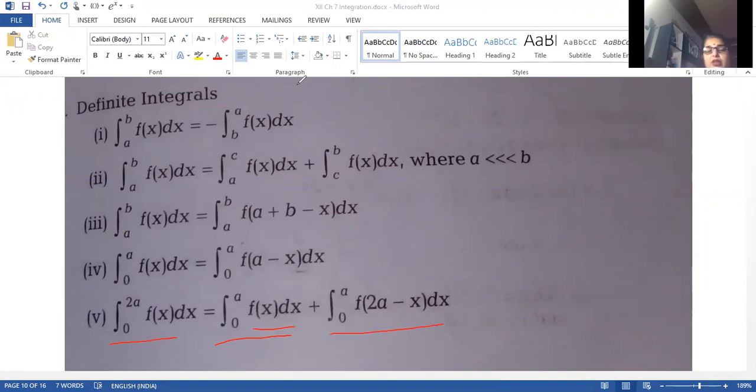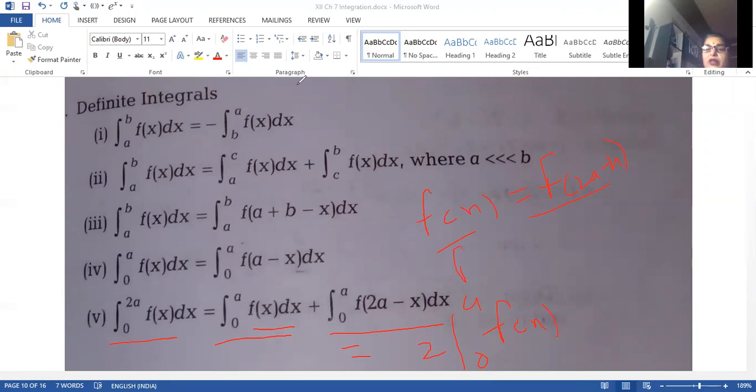Now here, in some questions you will get that f(x) is equal to f(2a - x), then what you are going to get is 2 times the integral from 0 to a of f(x).